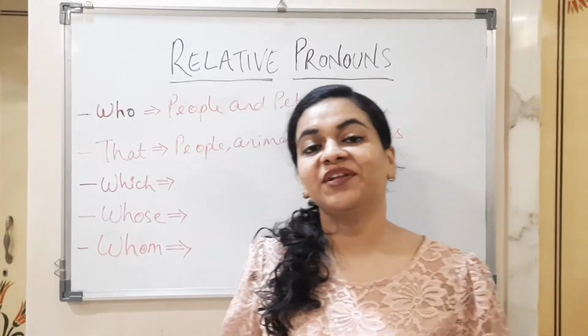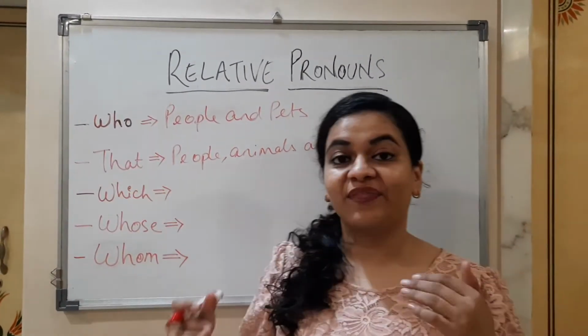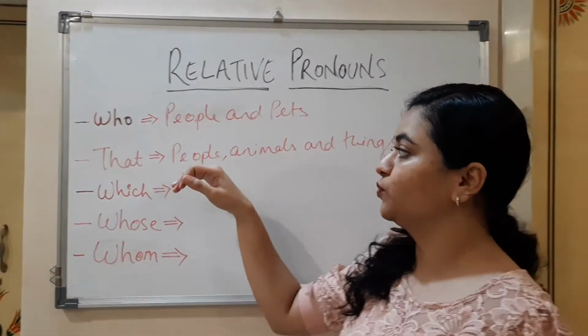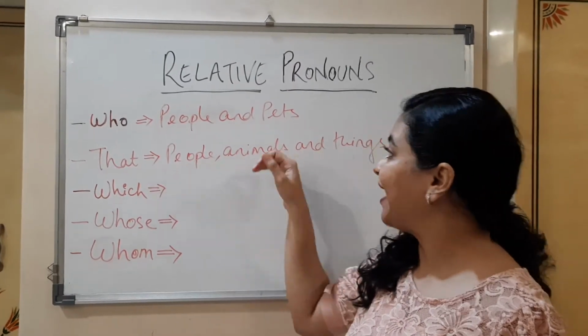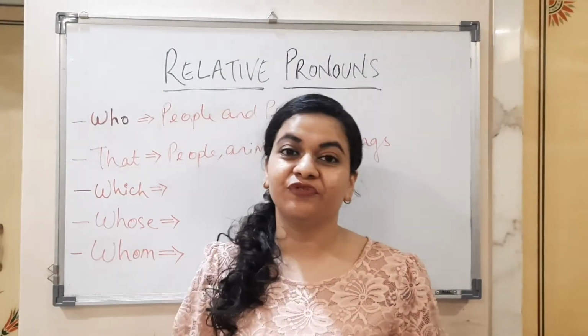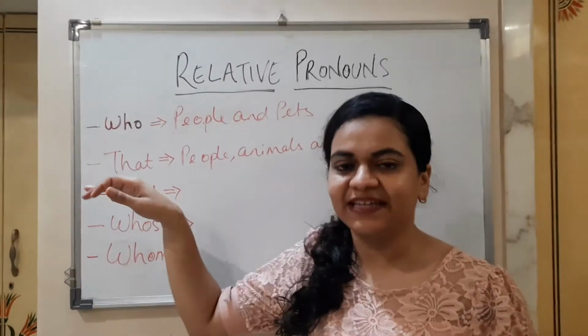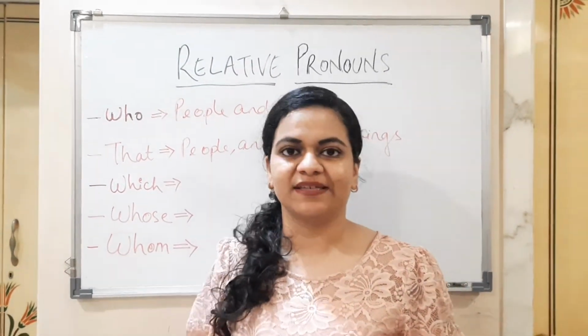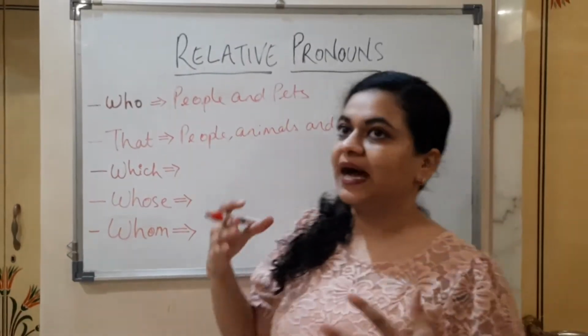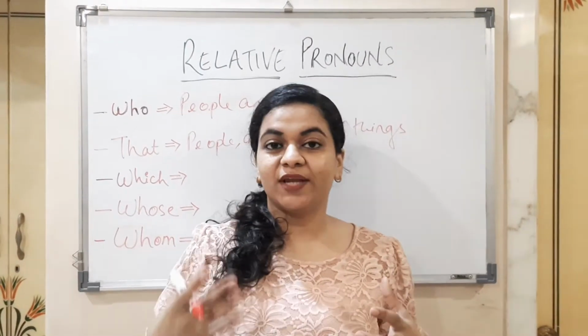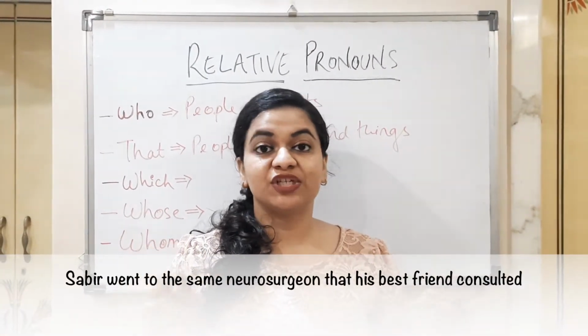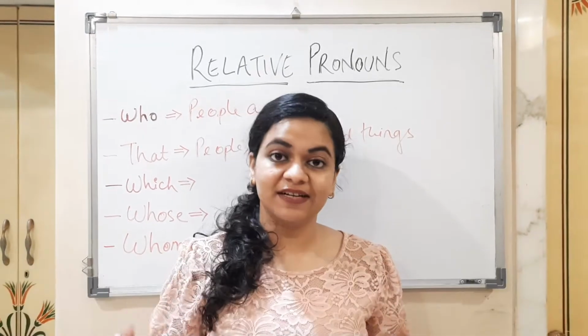So the second relative pronoun is that. Now that, unlike who, is used when you talk about people, animals and things. The only difference is that that is used in informal context. So for example, I say that Sabir went to the same neurosurgeon that his best friend consulted.